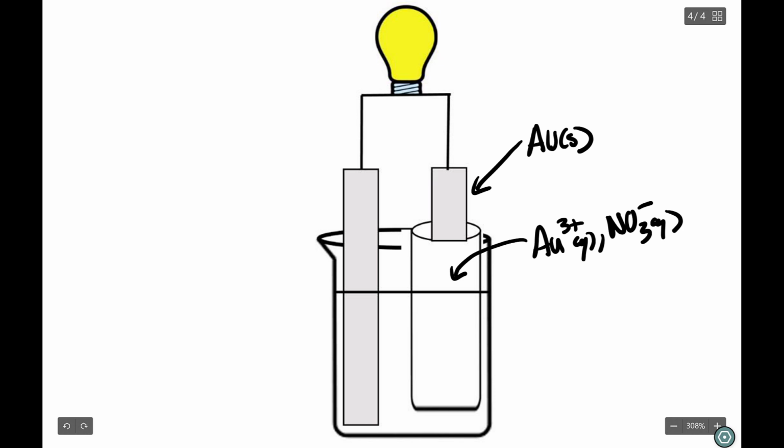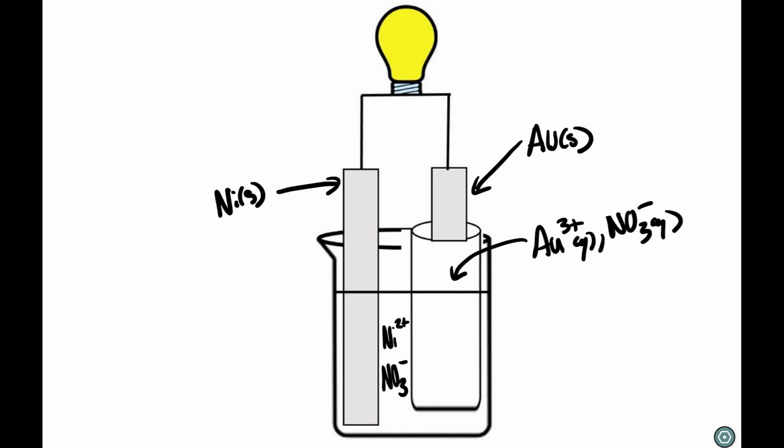I'm not going to draw them in there because with the porous cup, you can't see through it like you could see through a beaker. I'm going to call this nickel solid, and I'm going to put nickel 2 plus ions in solution and nitrate ions in solution like that.